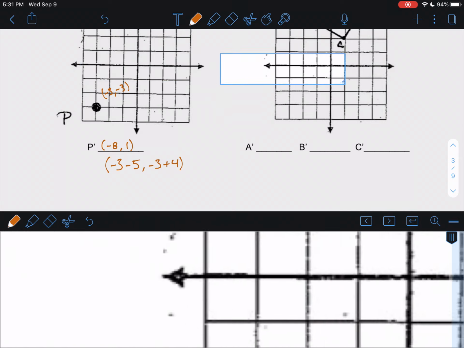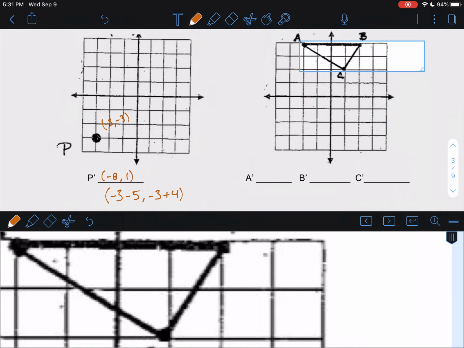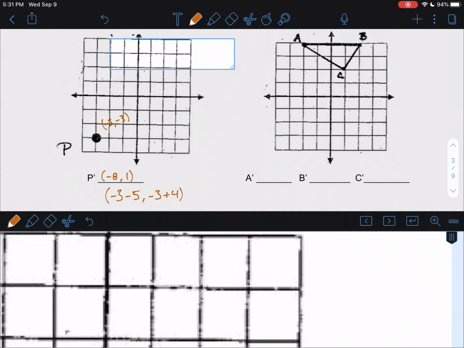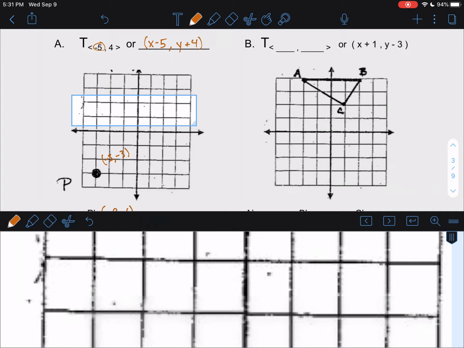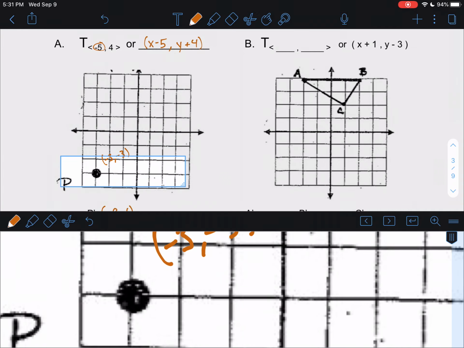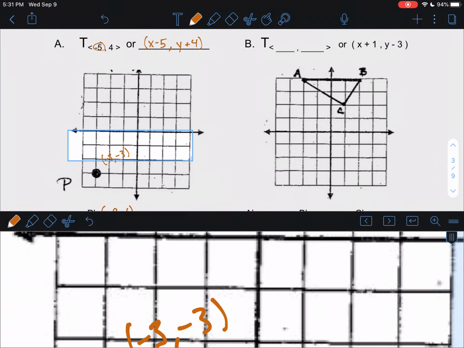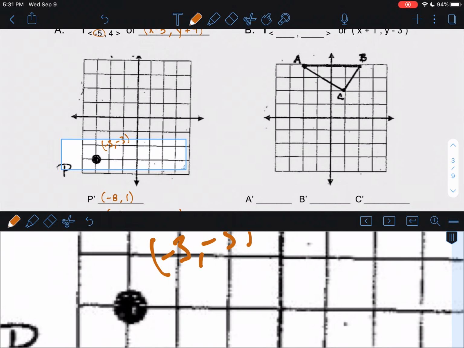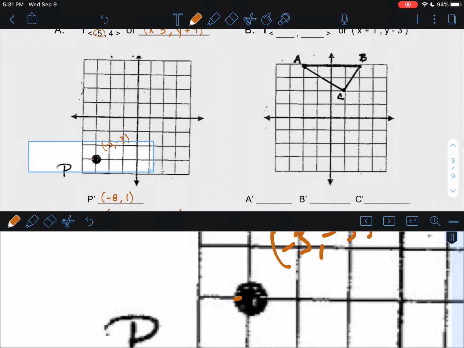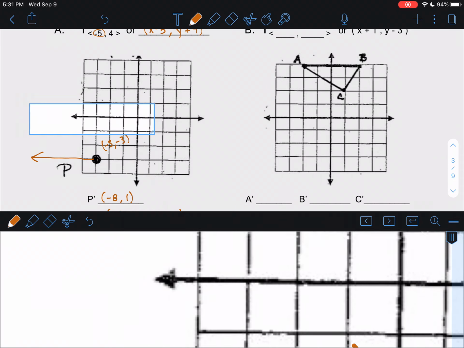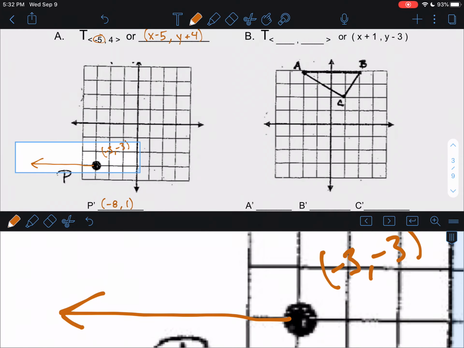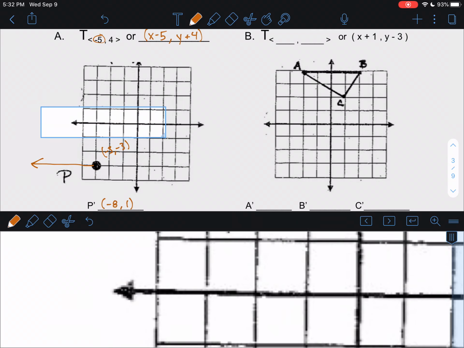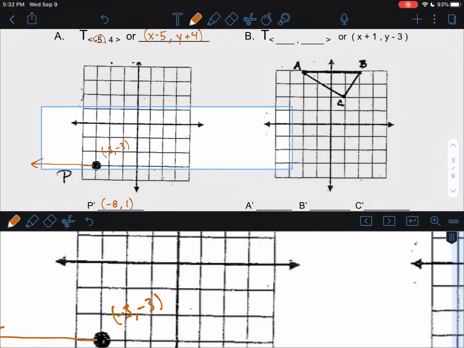Okay, so basically the x goes to the left 5 because it's -5, so it's going to be going this way. And the y goes up 4, which is going to be like that.